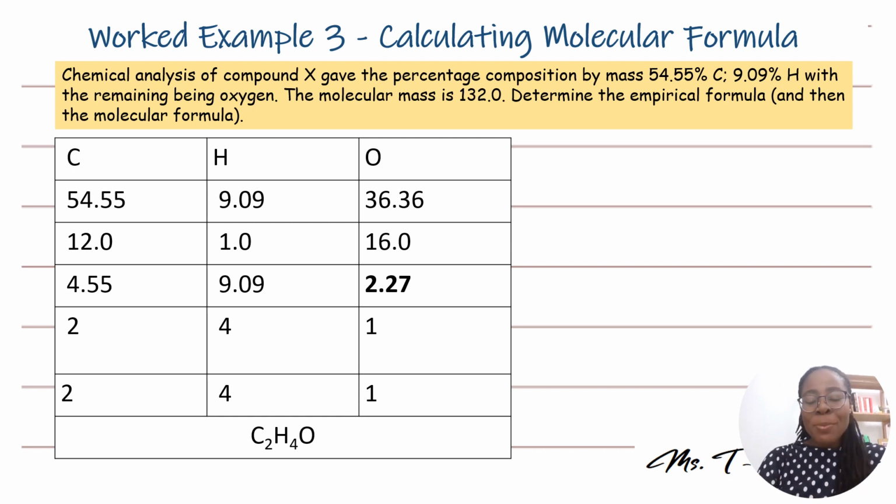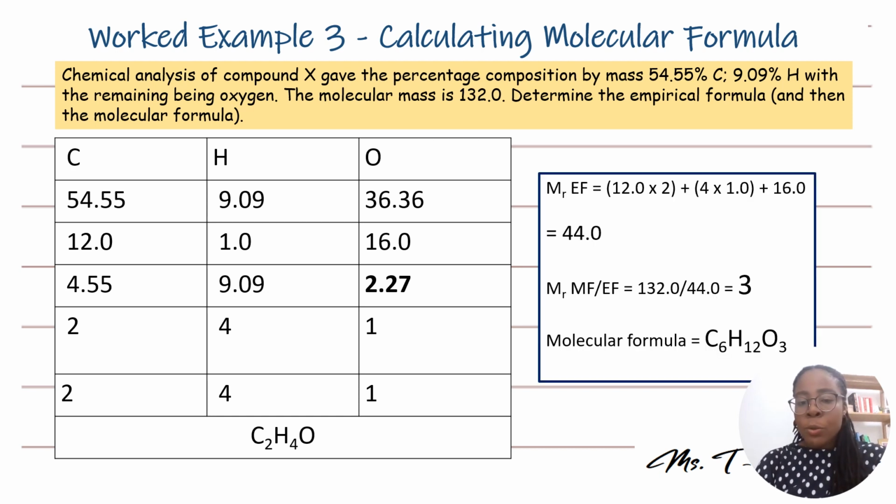Okay, now to get from empirical formula to molecular formula, we need to use the molecular mass or the Mr from the question. So first, we'll find the Mr of the empirical formula, C2H4O, which gives us an Mr of 44. The molecular mass that they gave us in the question is 132.